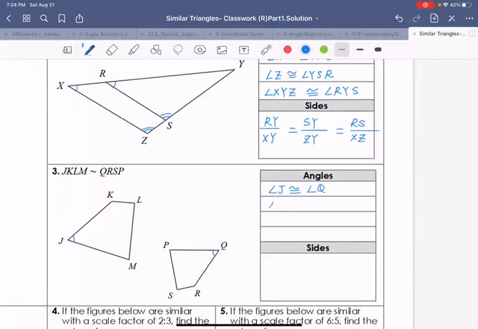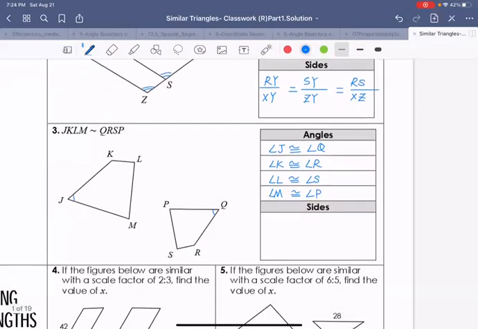Next, angle K corresponds to who? Angle R. Yes. Angle L, angle S. Angle M, angle P. Very good.